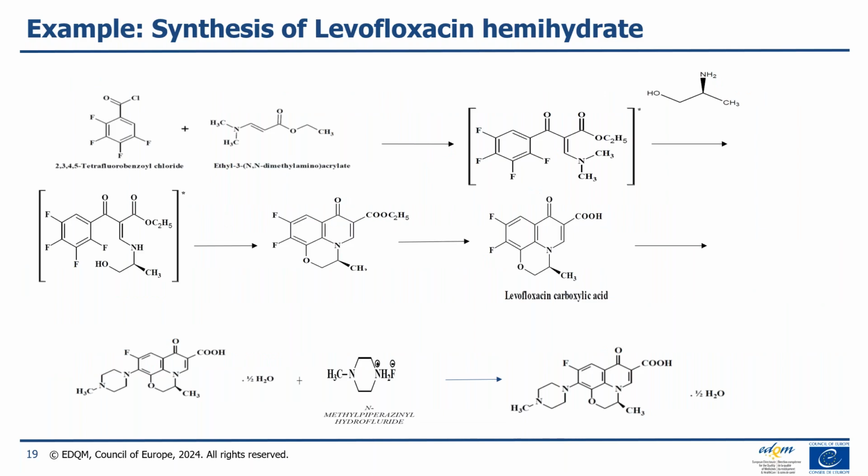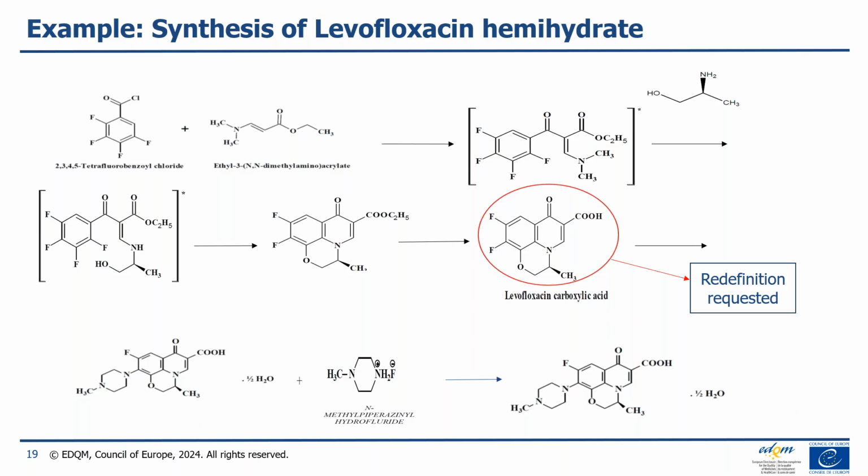So let's come to a brief example. On the screen, you can see the synthesis of levofloxacin hemihydrate. Let's imagine that you are preparing a file and that you are proposing levofloxacin carboxylic acid as starting material. This would not be accepted, and redefinition would be requested.